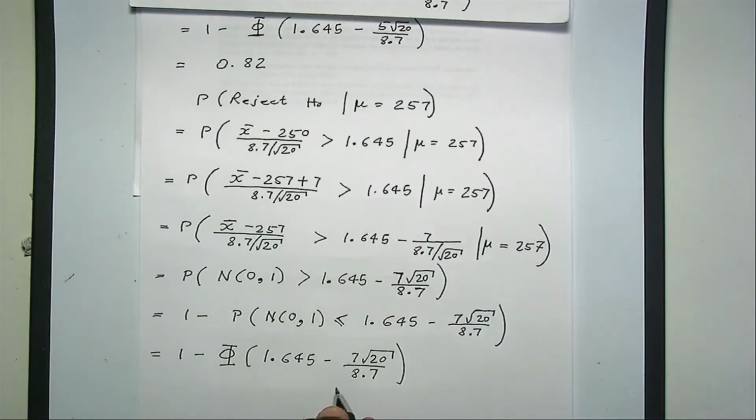If you read this off the table or if you read it using R, this will be approximately 0.98.